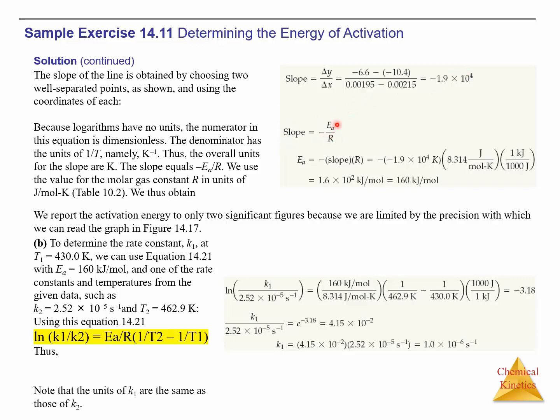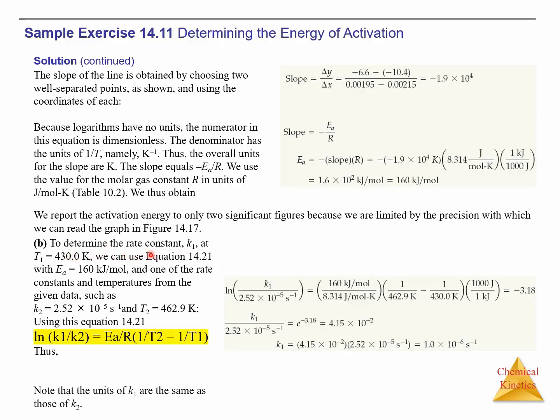Now slope equals minus E_A divided by R, and then we can determine activation energy. R is the constant, and then we get 160 kilojoule per mole. This is the activation energy. We report the activation energy to only two significant figures because we are limited by the precision with which we can read the graph in this figure.